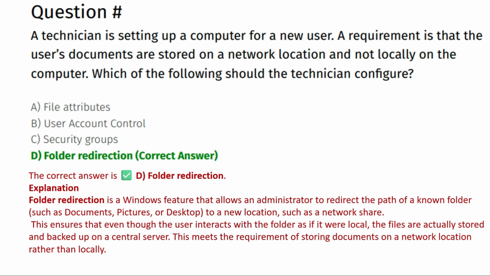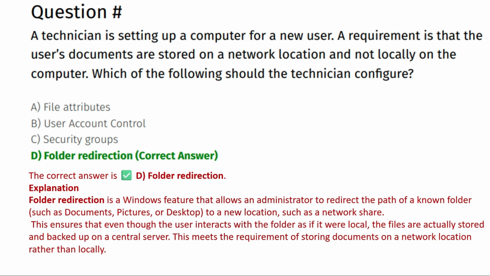So let's check the explanation. Folder redirection is a Windows feature that allows an administrator to redirect the path of a known folder, such as documents, pictures, or desktop, to a new location, such as a network share.